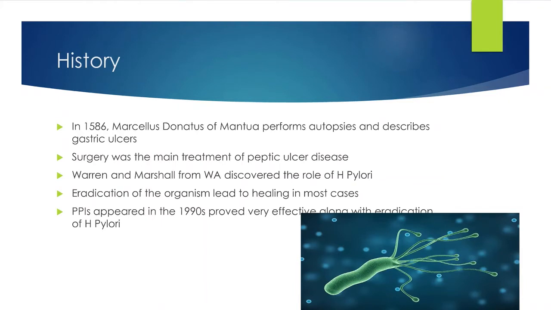And then we have the PPI production, which is the proton pump inhibitors that appeared mainly in the 90s and proved to be very effective in causing healing of the ulcers, along with eradication of the H. pylori.